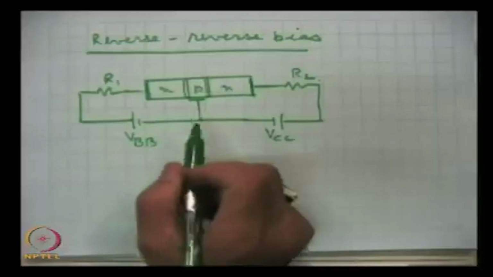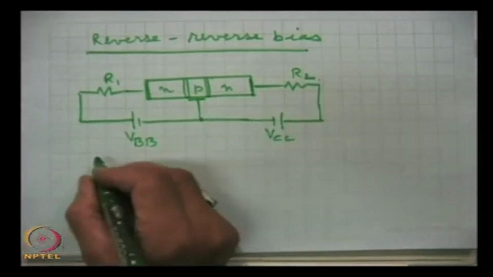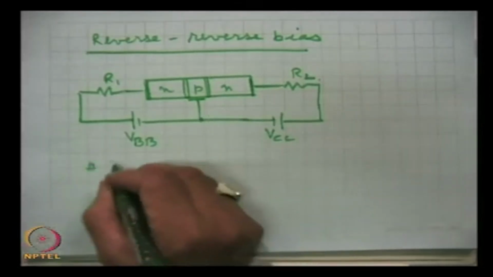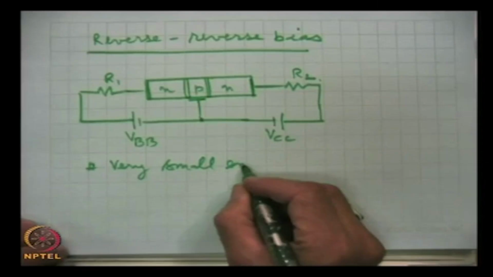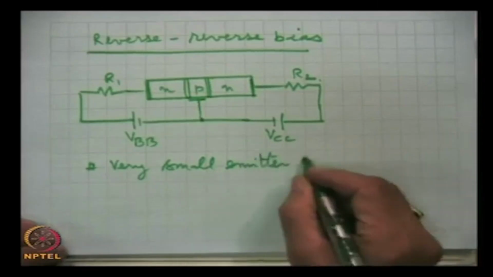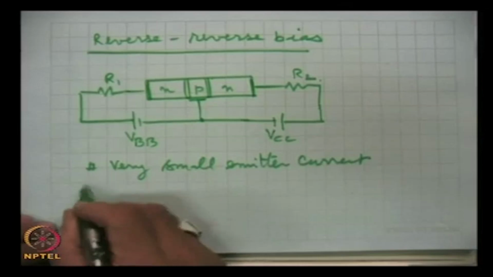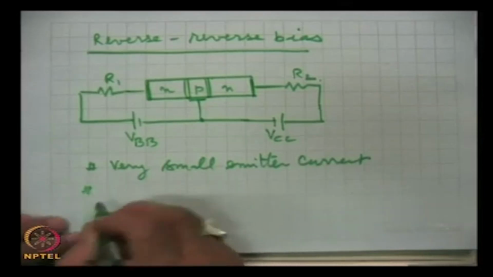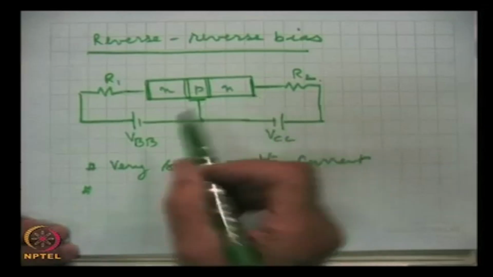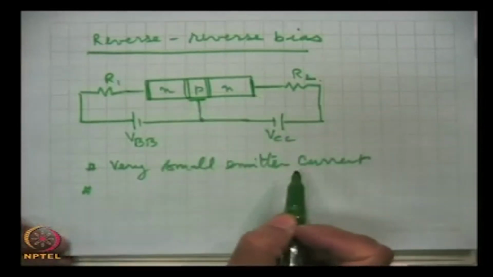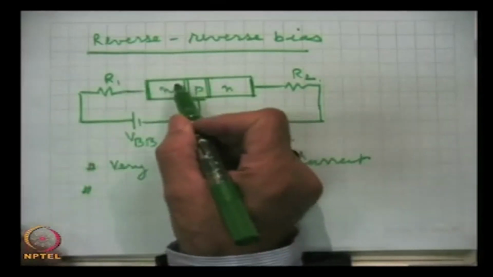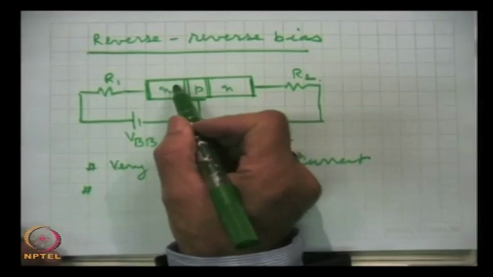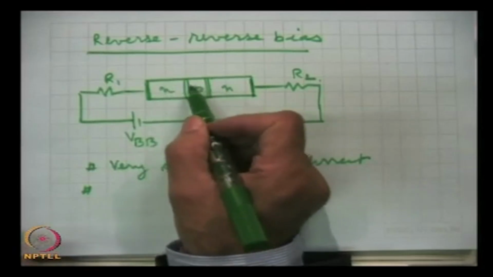So, what we will get here is a very small emitter current, which will be because of the thermally generated charge carriers, minority carriers, that means holes in the n side and electrons which are in minority on the p side.